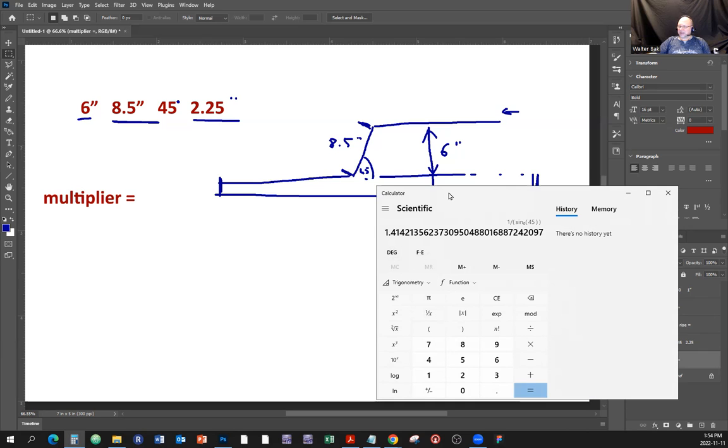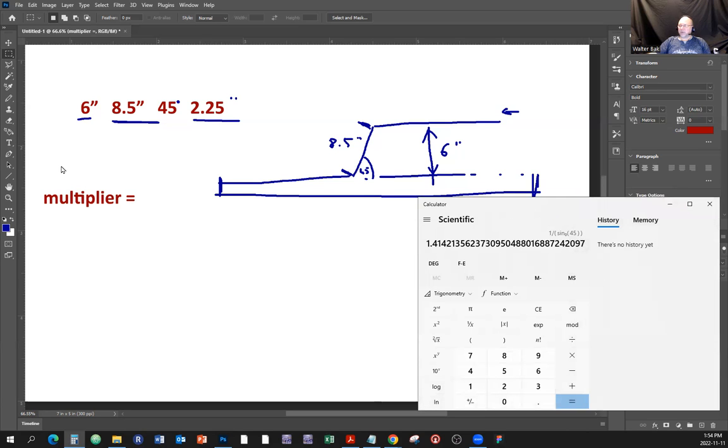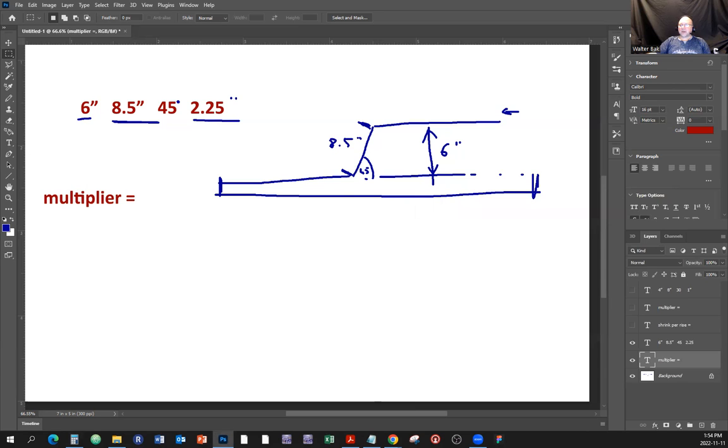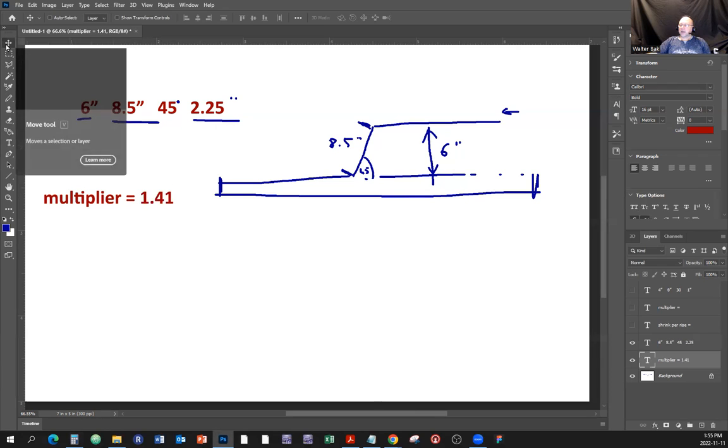There you go. So the multiplier is 1.41. Okay, so that's the multiplier.